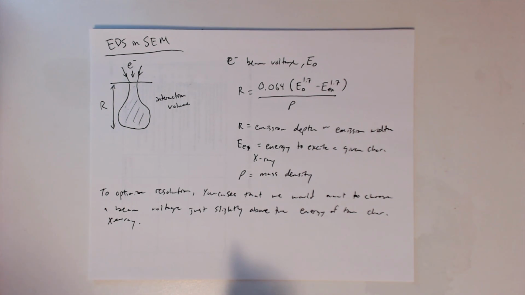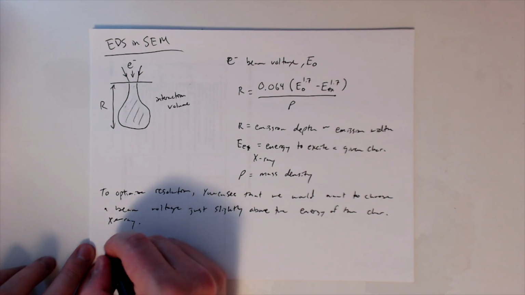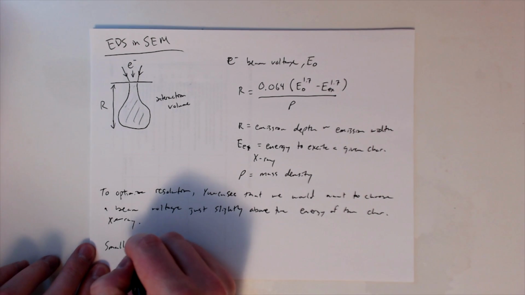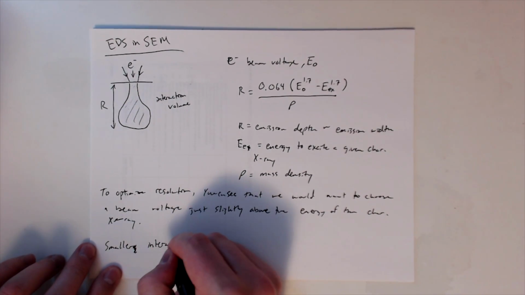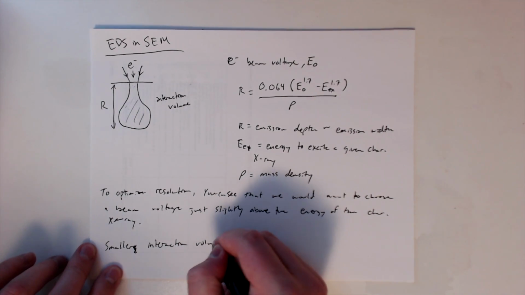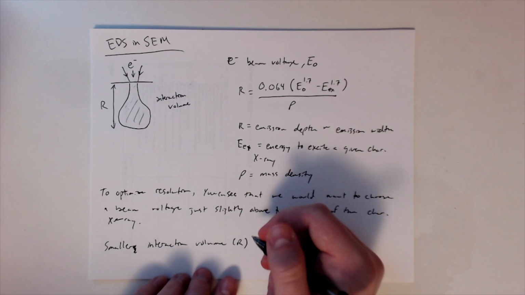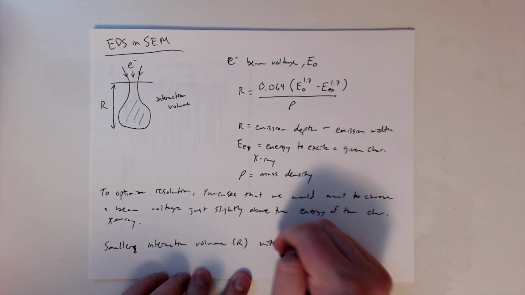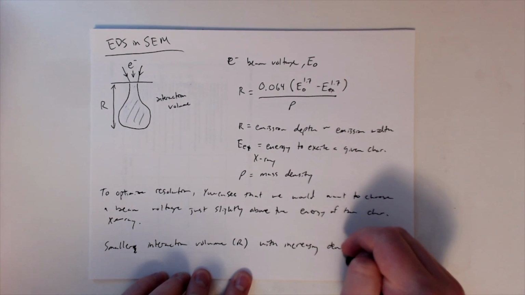The other factor that goes in here is that you get a smaller interaction volume, R, with increasing density.